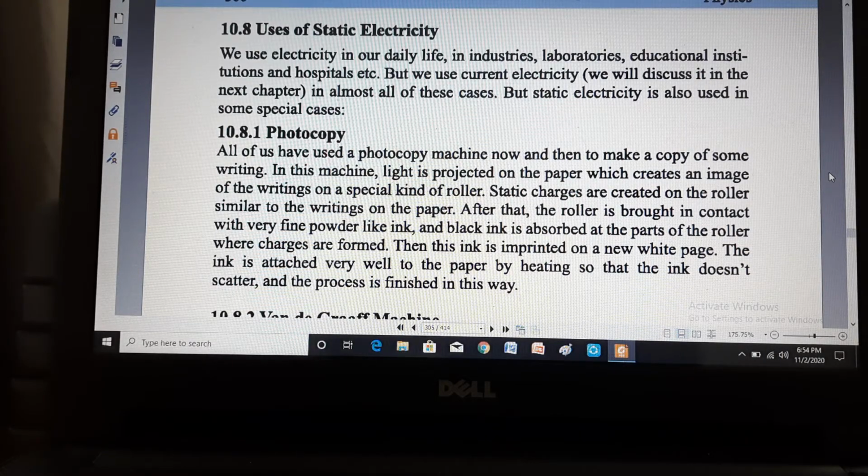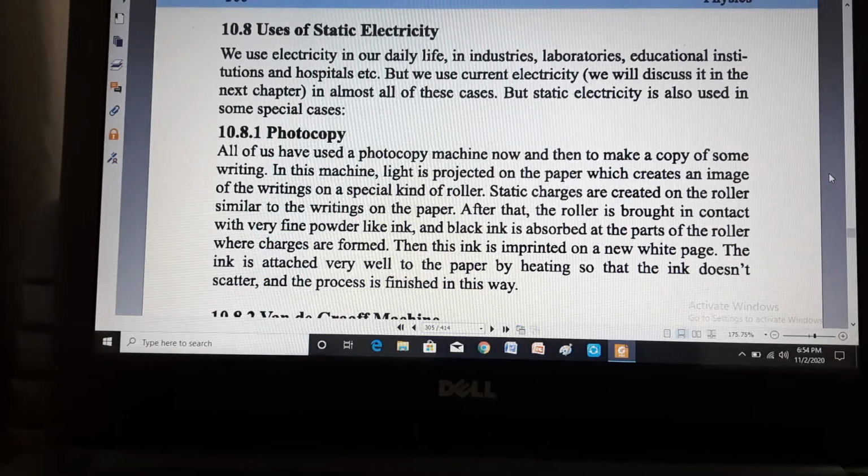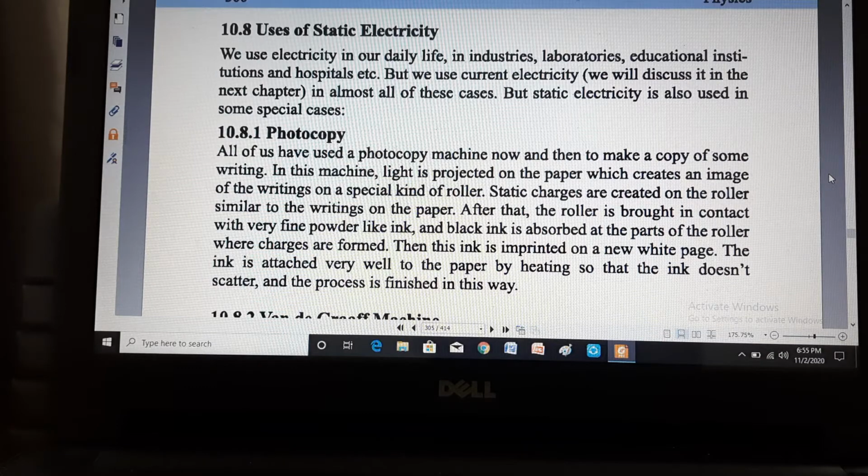static electricity. In this machine, light is projected on the paper, which creates an image of the writing on a special kind of roller. Static charges are created on the roller similar to the writings on the paper.